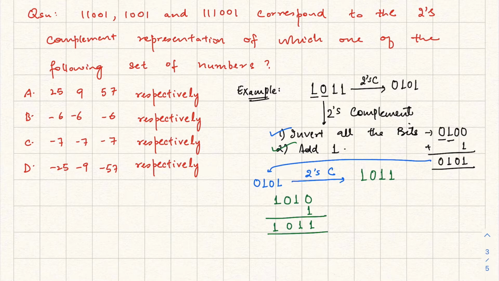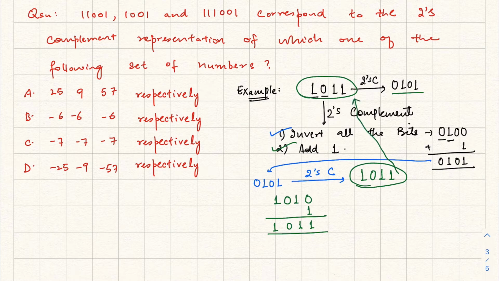Now what have we learned from this example? We started with a number which was 1011. We got its 2's complement, which is 0101, and for the same 0101, when we again found the 2's complement in the next step, we got the original number back. Correct?